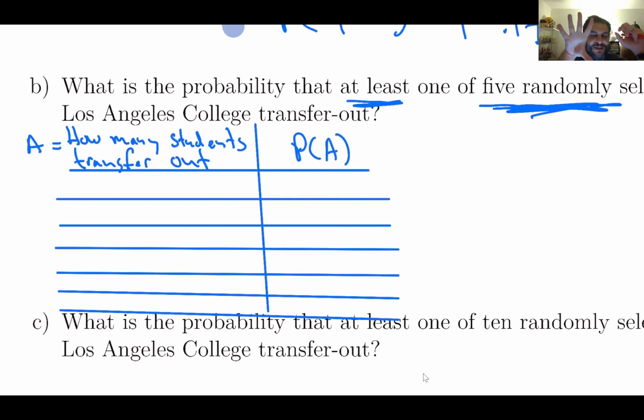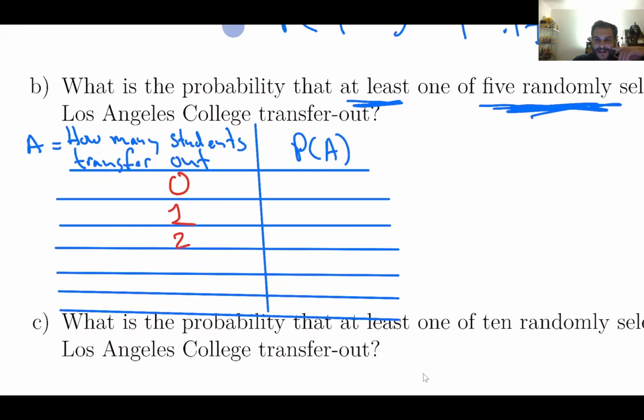So if I have 5 students, what's the lowest amount of students that could transfer out? There you go. So technically the lowest amount of students that could transfer out is 0. So we could have 5 students and none of them transfer out. What's the next lowest? So 1. What's the next lowest? Go.